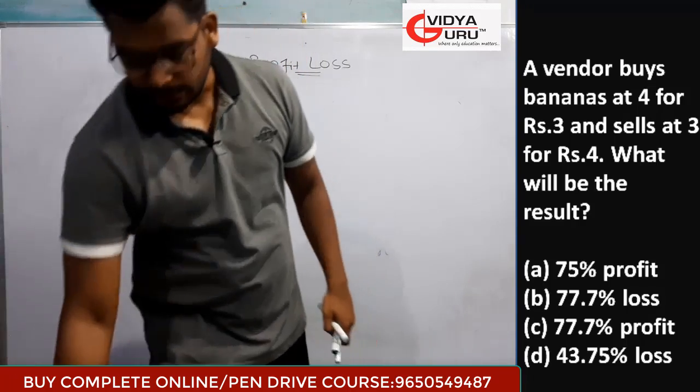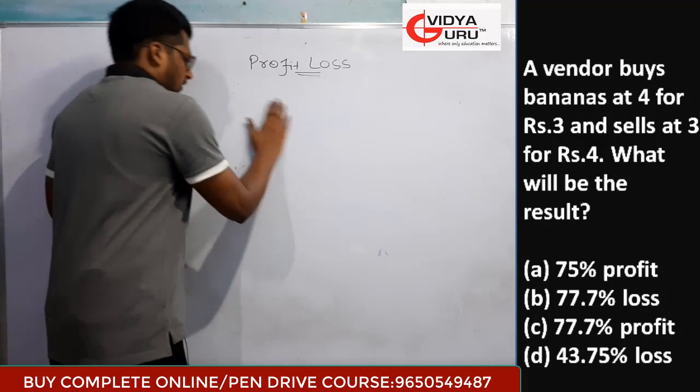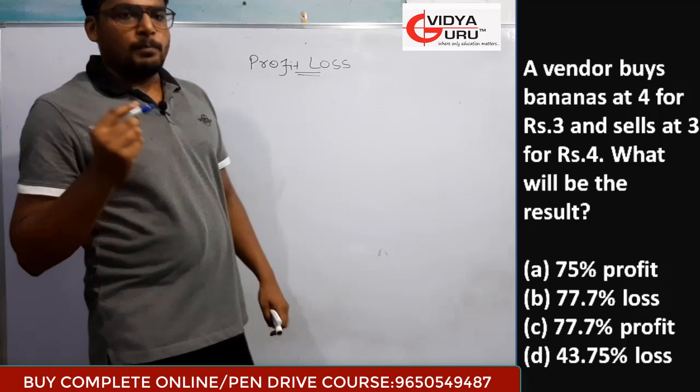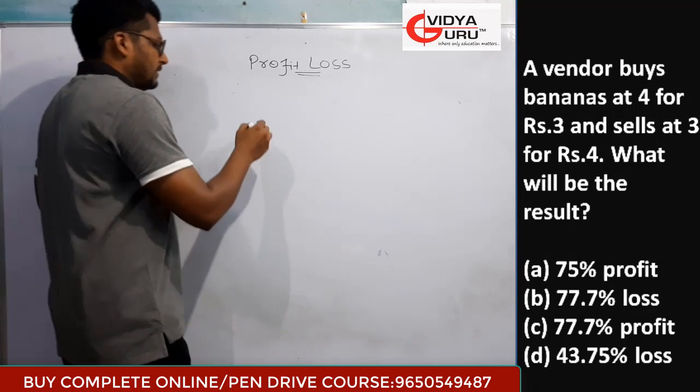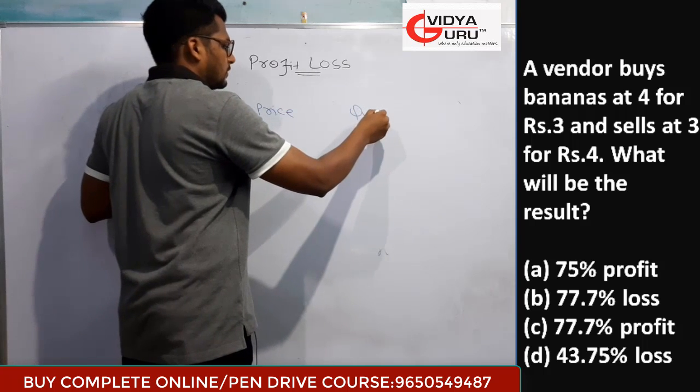What is the next question saying? This is a very basic question. A vendor buys bananas at 4 for rupees 3. That means this is the price and this is the quantity.